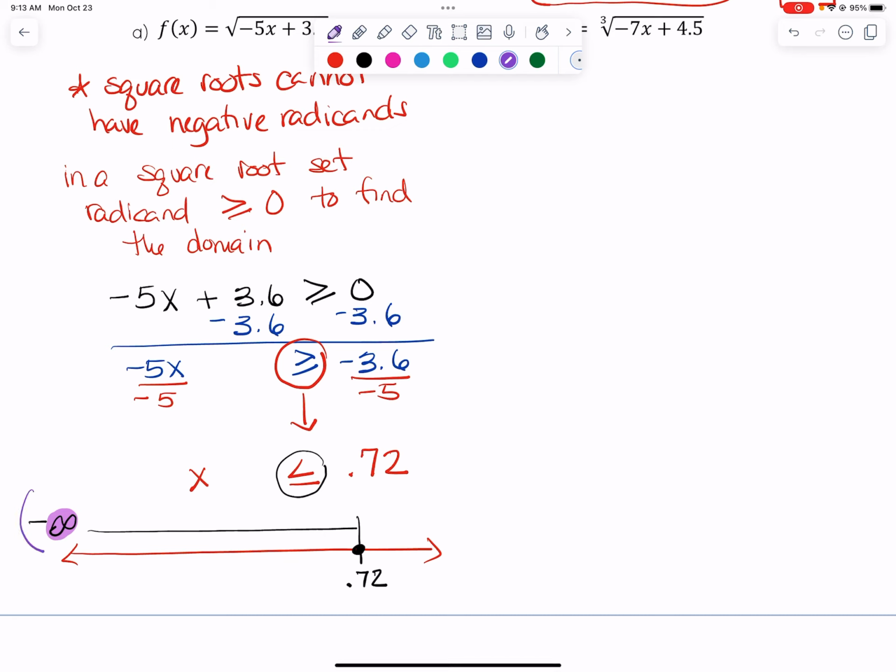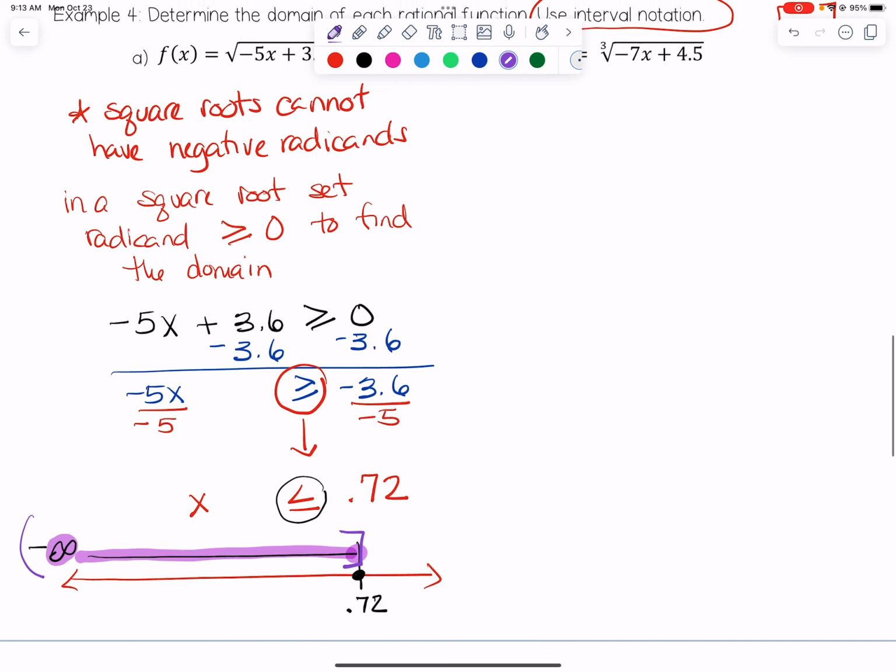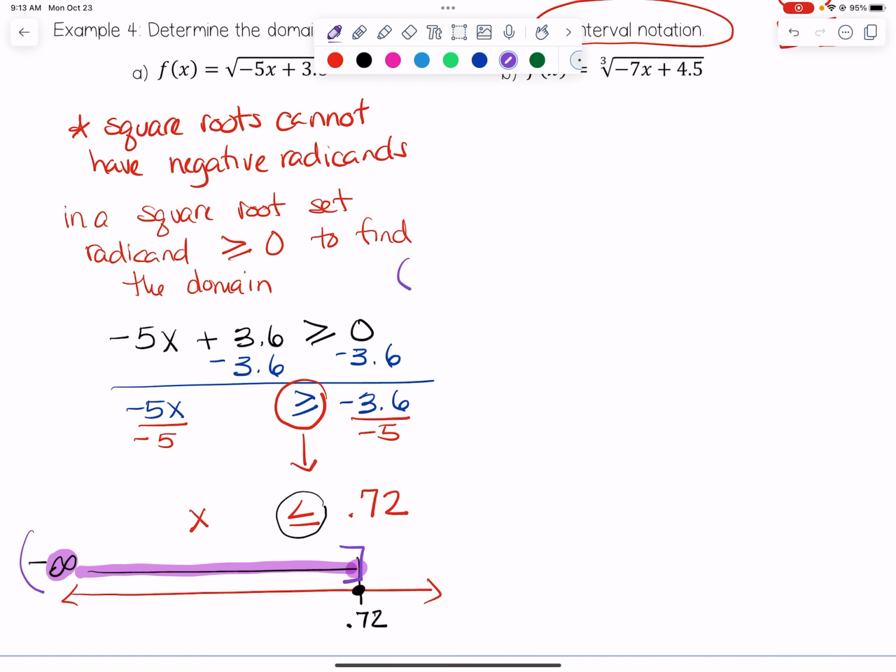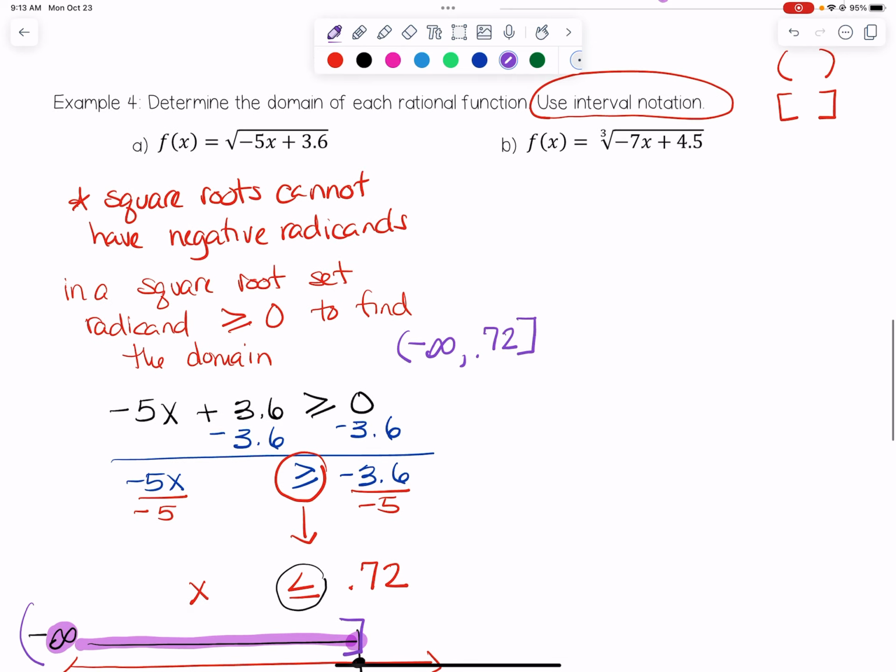And then I would go all the way up and include the 0.72, which means it would have a bracket on it. So I write negative infinity up to, and including, 0.72 with a bracket around it. So anything less than or equal to 0.72 would give me the domain of this rational function, okay?